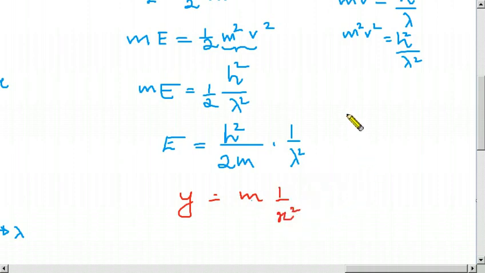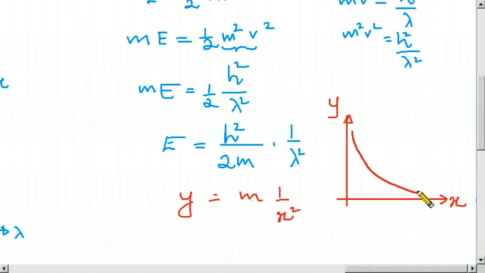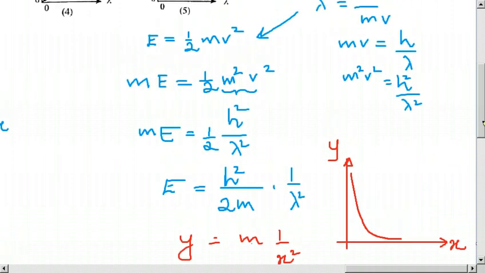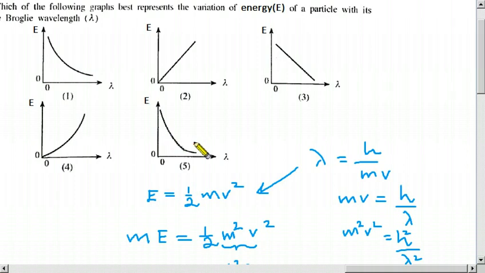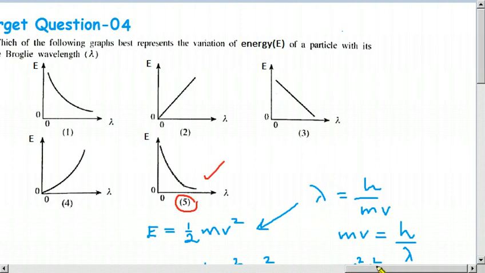If 1 over x squared is there, you know the graph. It has a deep steepness like this. If it is only 1 over x, then a shallow steepness like this. So this one is the answer for question number 4.